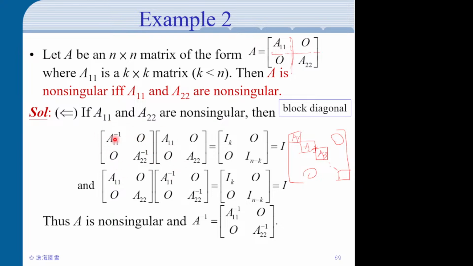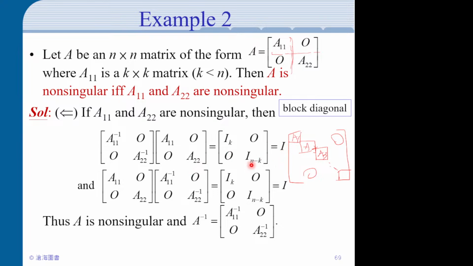We take the inverse of A11 here and the inverse of A22 here. When you do the matrix multiplication, this block is A11 inverse times A11, which is the identity, and similarly this is the identity from A22.